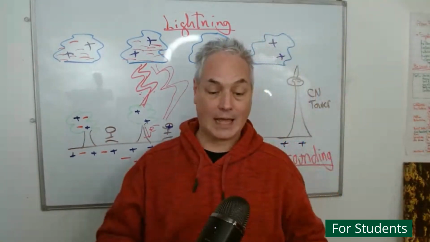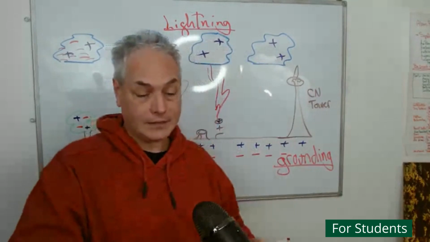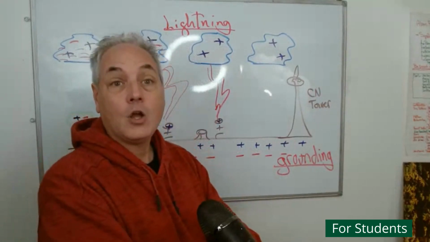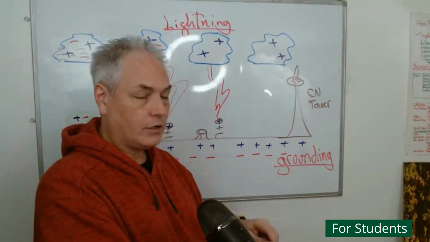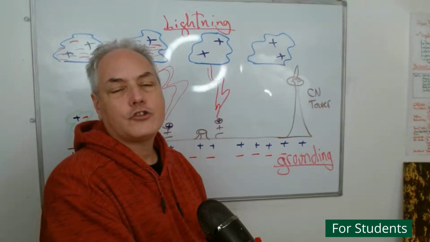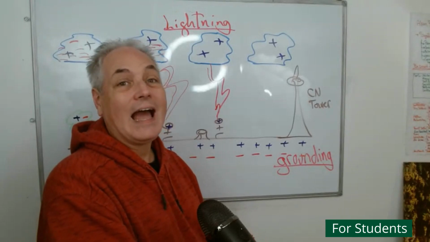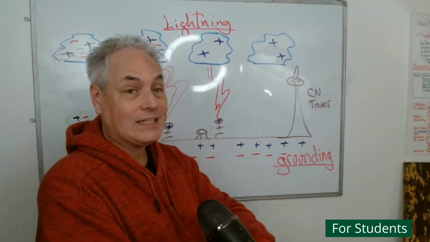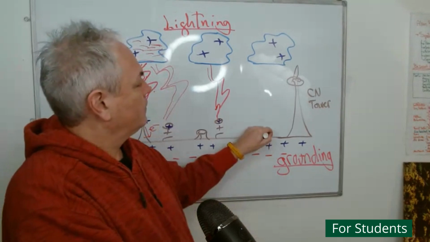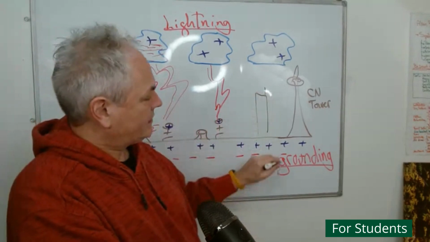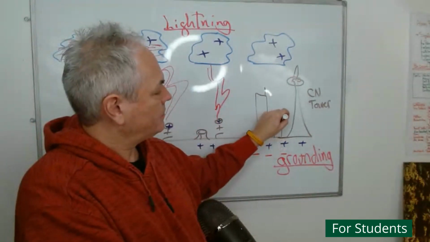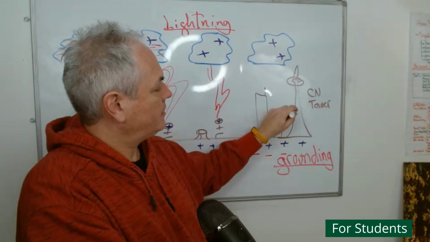Like this. So this happens with nature. What happens when you have a large tower? There's large towers in most cities, high buildings, skyscrapers. Like this, you can have houses as well with a little chimney.